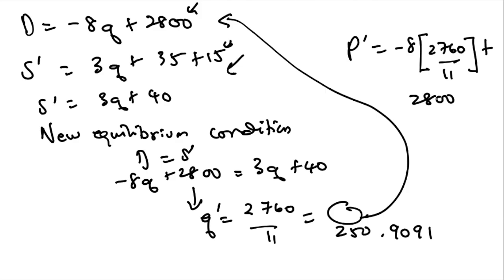So we have 8 times 2760 over 11, plus 2800. It's going to be very expensive. You calculate it yourself here.